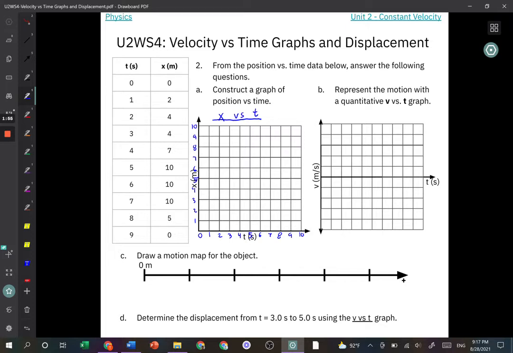So I'm just going to go through and plot my, well, it looks like 10 data points. I'm going to start off at 0, 0, right down here.